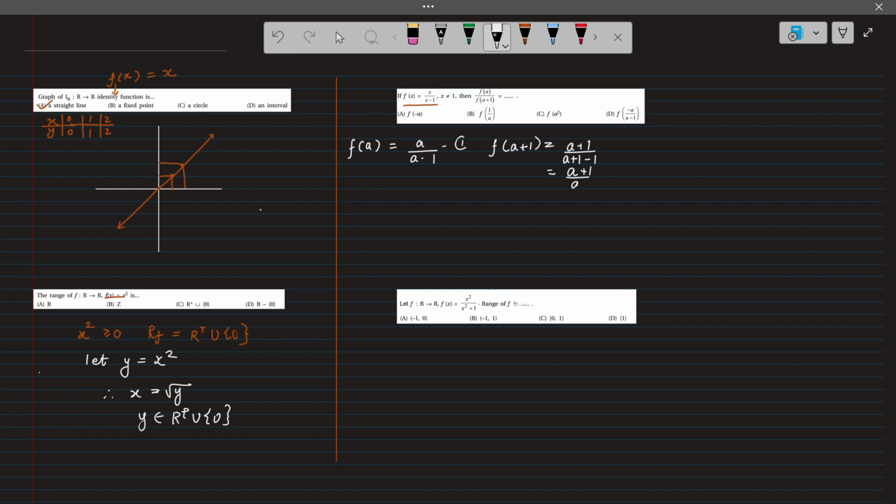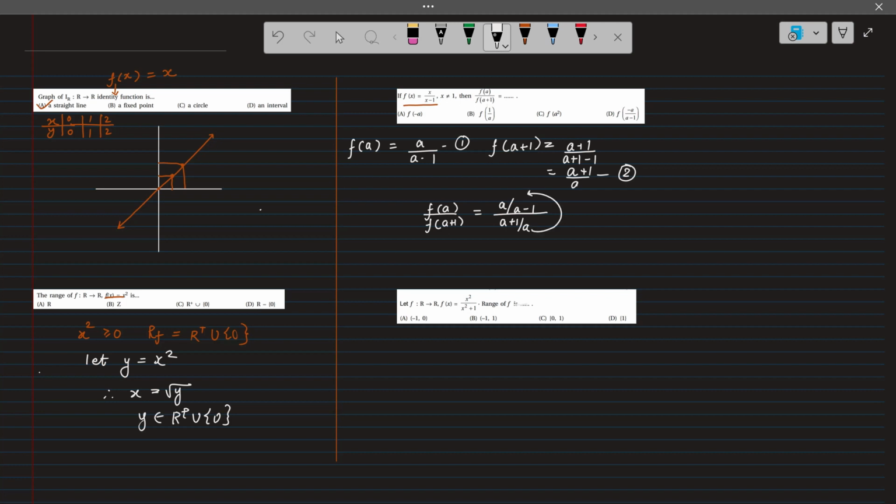Now, we have to find the ratio. So, let this be results 1 and 2. Taking the ratio of 1 and 2, we will get f of a upon f of a plus 1 is equal to a upon a minus 1 whole upon a plus 1 upon a.